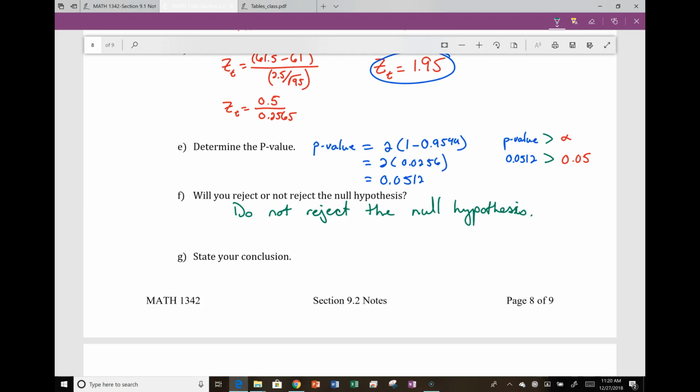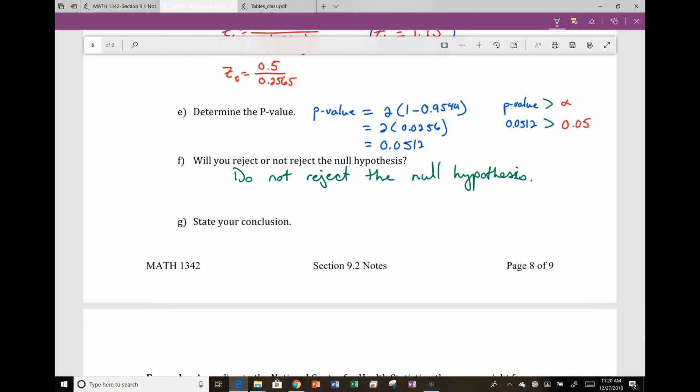And then when we are talking about the conclusion, since we did not reject the null hypothesis, there is not sufficient evidence at the 0.05 level of significance to support the organization's claim.